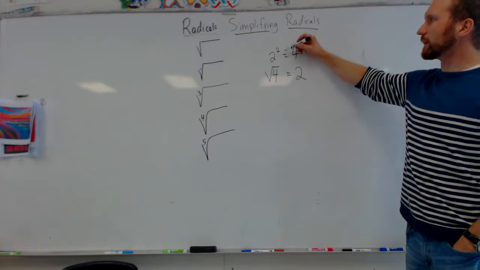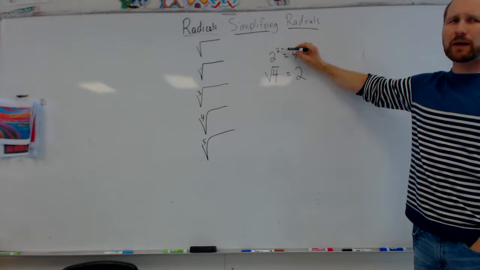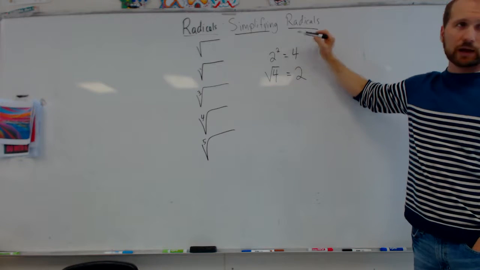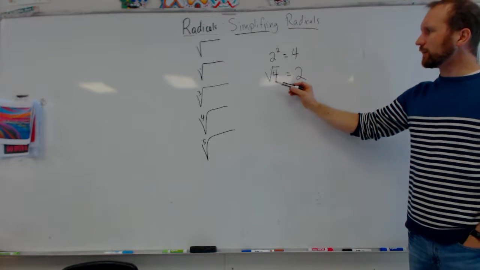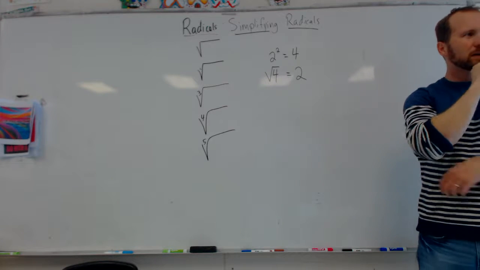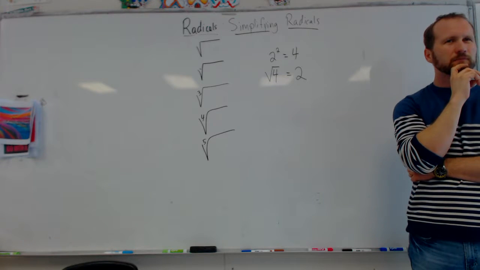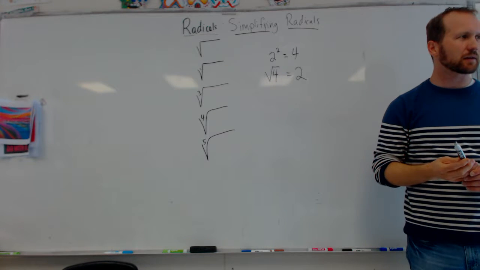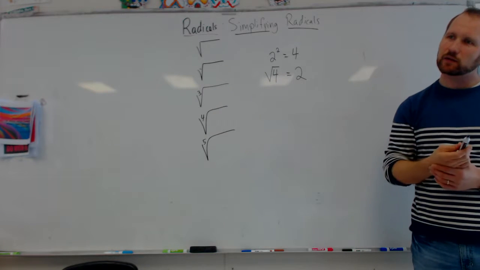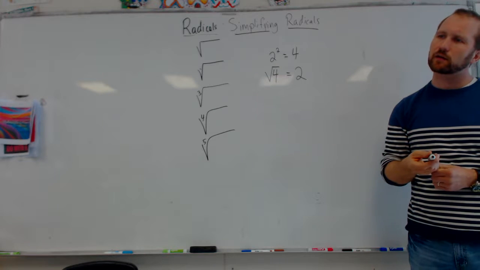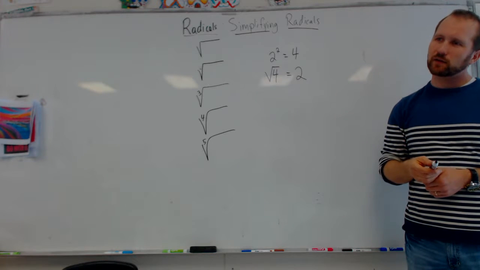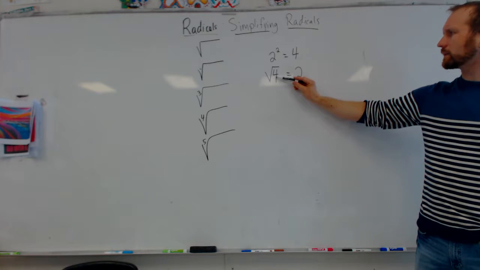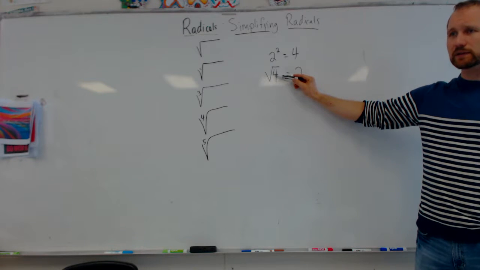So the opposite of squared is the square root, in a way. We know the definition of an exponent, right? Like 2 to the second power is 2 times itself. What's the definition of a square root? Could you put it in your own words? What would you think? What number multiplies to equal this number?